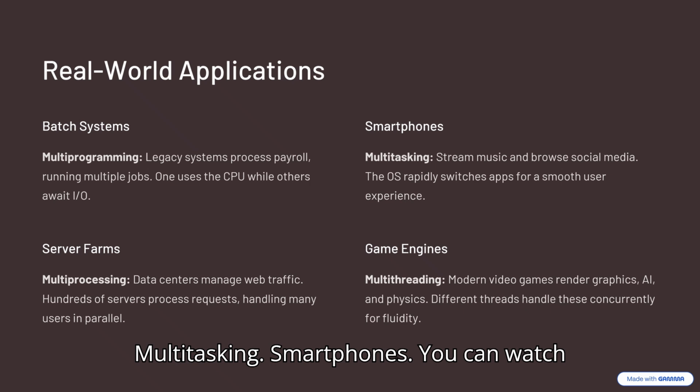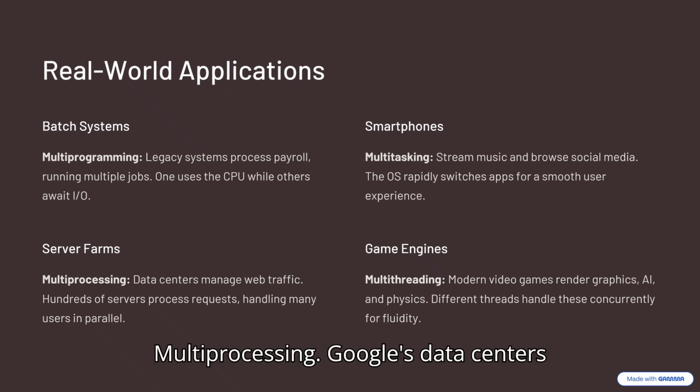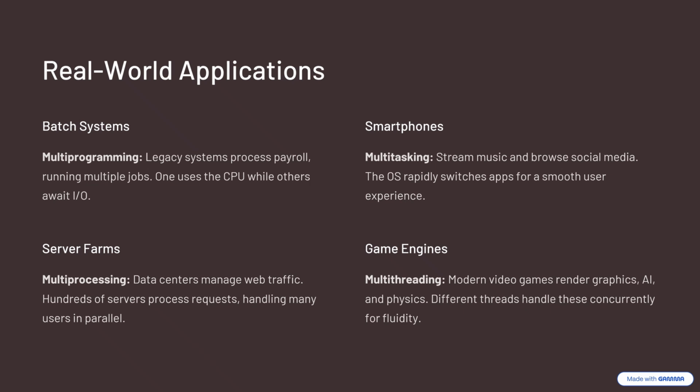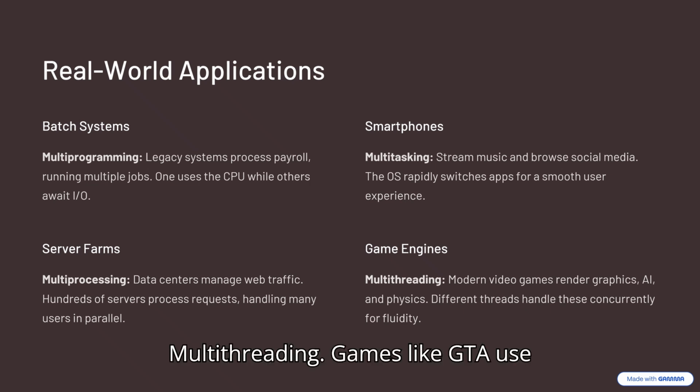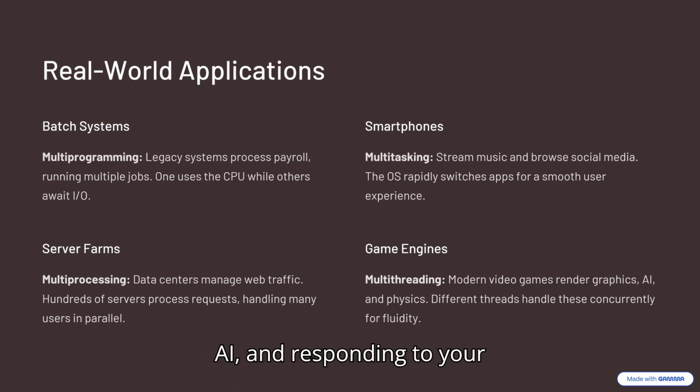Smartphones, where you can watch a reel, reply to messages, and upload photos without a lag. Multiprocessing. Google's data centers with thousands of CPUs handling your search results in parallel. Multithreading. Games like GTA use threads for rendering scenes, managing AI, and responding to your inputs all simultaneously.